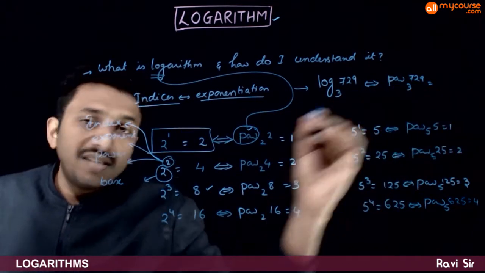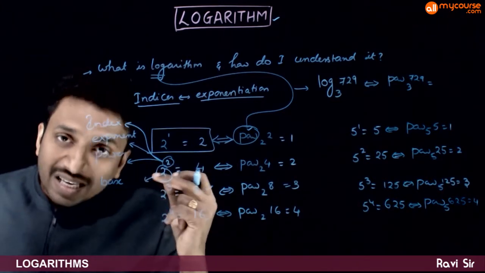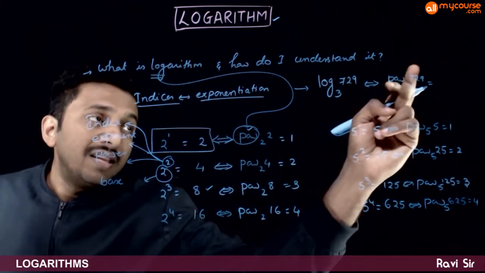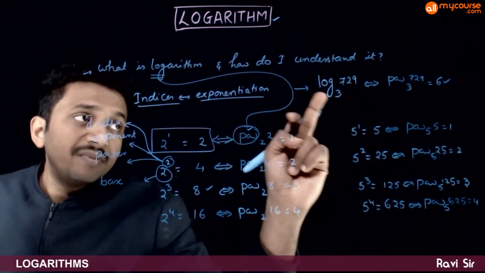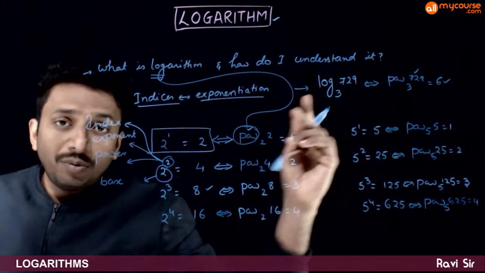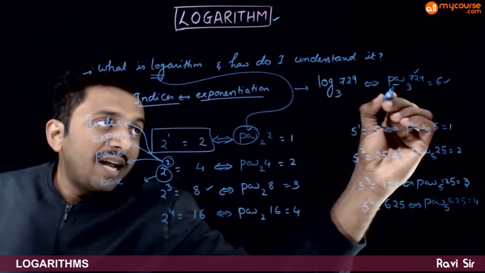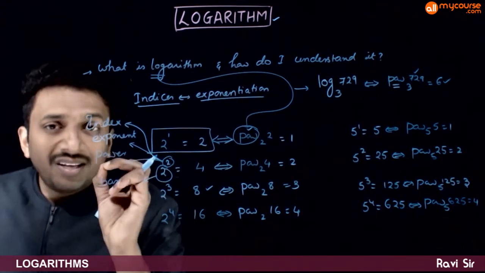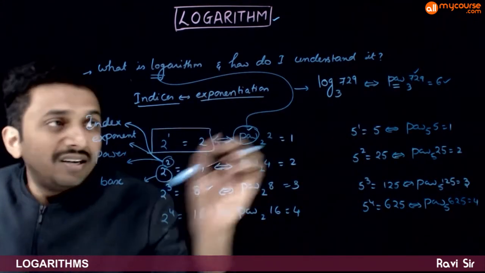So we know that 3 power 4 is 81, 3 power 5 is 243, 3 power 6 is 729. That is, 3 has to be raised to the power of 6 to get the answer as 729. So if you can understand what this power is doing, this is the same as the log term.